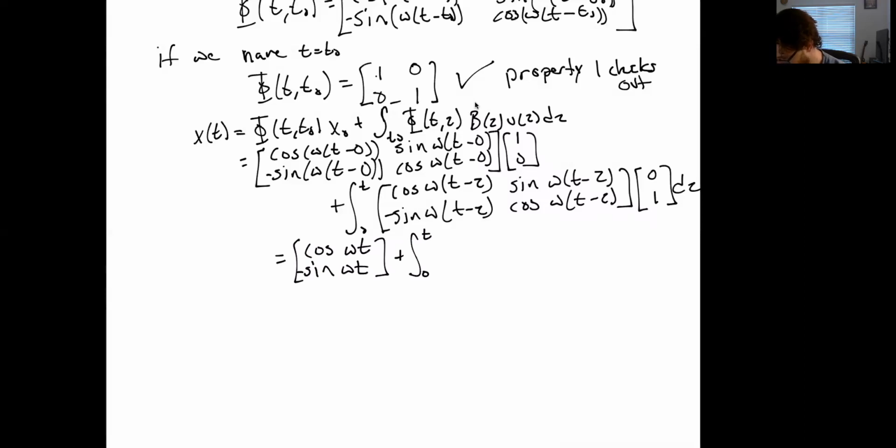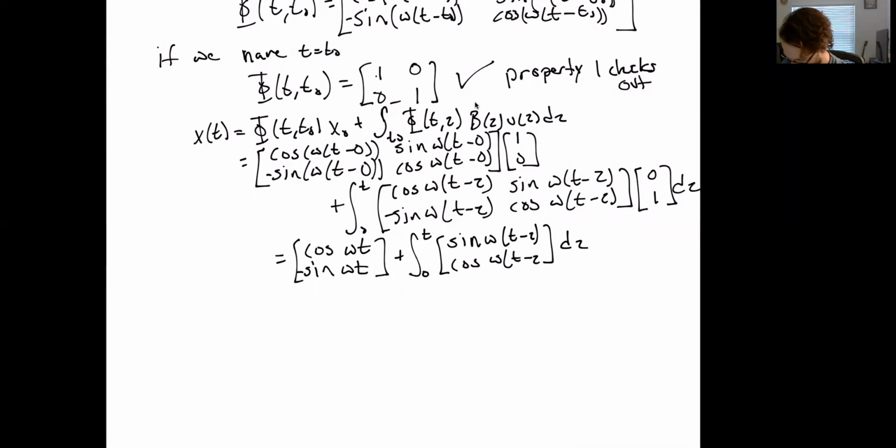Again, multiply [0; 1] times this integral. We'll get 0 times the cosine of omega (t minus tau), plus 1 times the sine of omega (t minus tau). And then we'll get 0 times negative sine omega (t minus tau), plus 1 times cosine of omega (t minus tau). And that is integrated with respect to d tau.